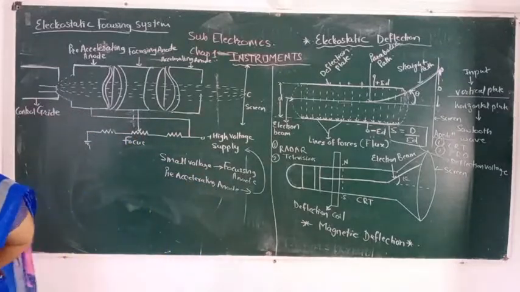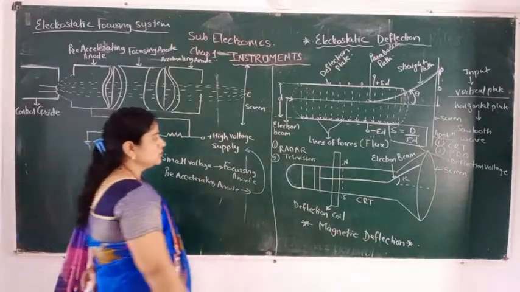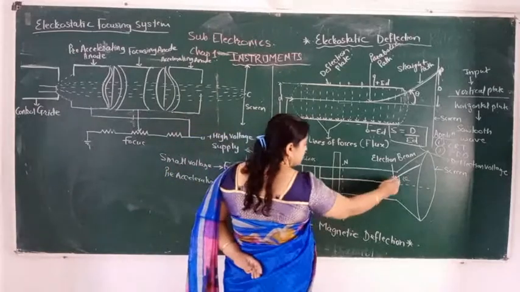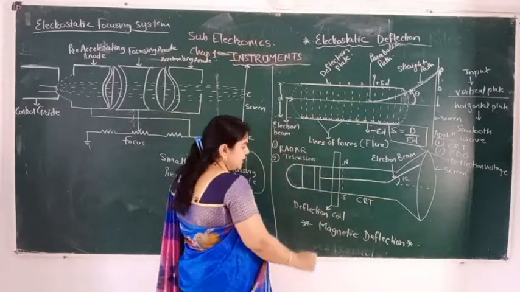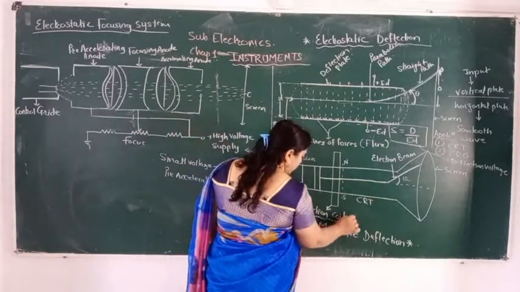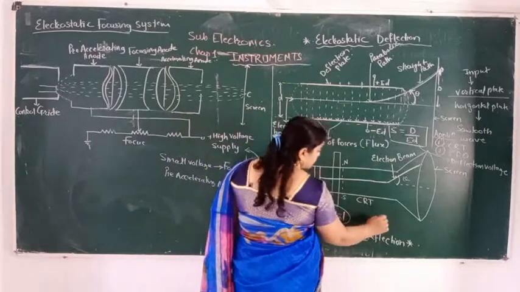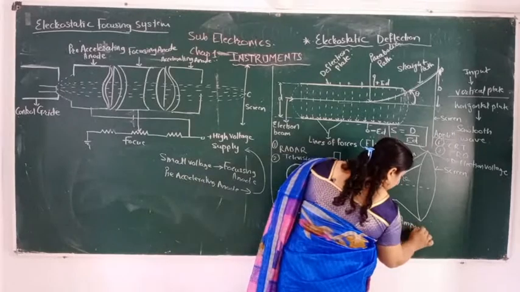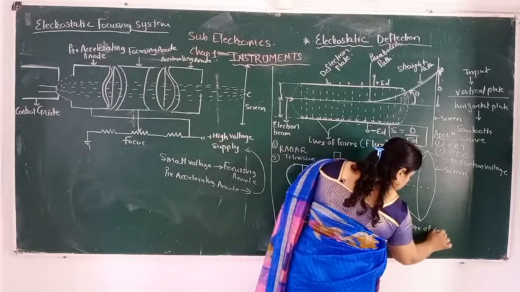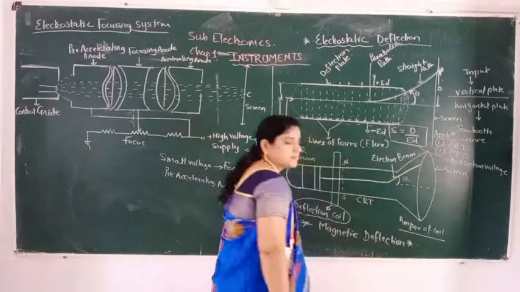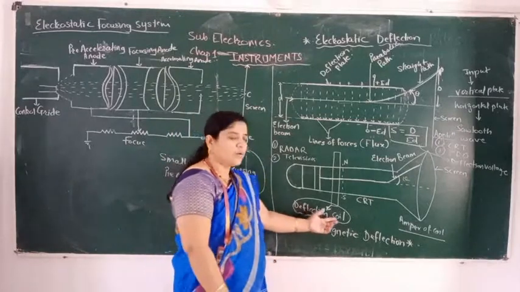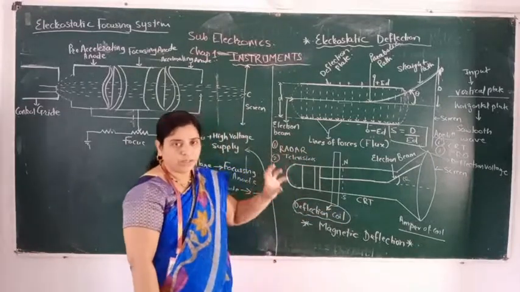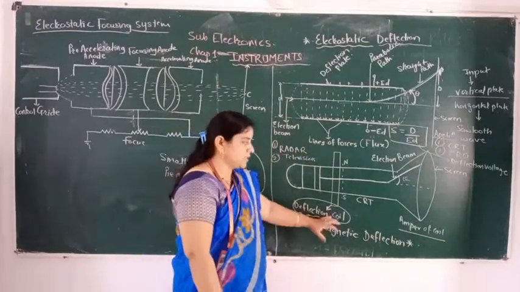The amount of deflection depends on this coil, on the ampere of the coil. It means the value of this coil, how many amperes the coil you are using, that much deflection will occur.